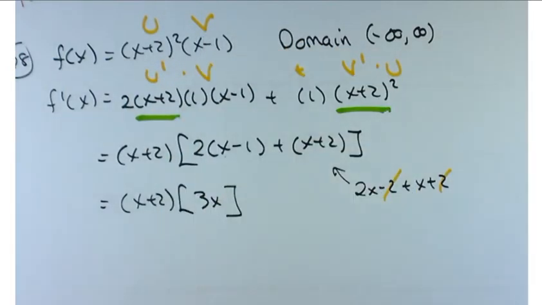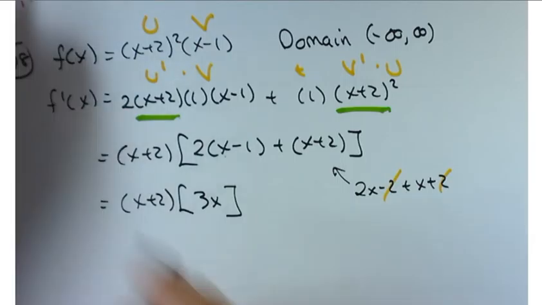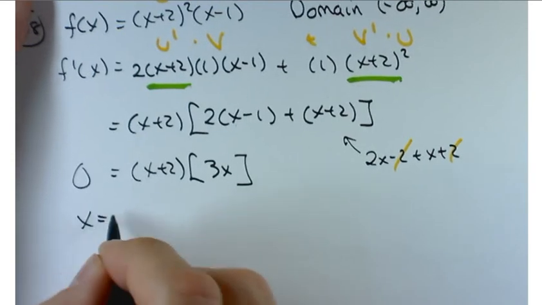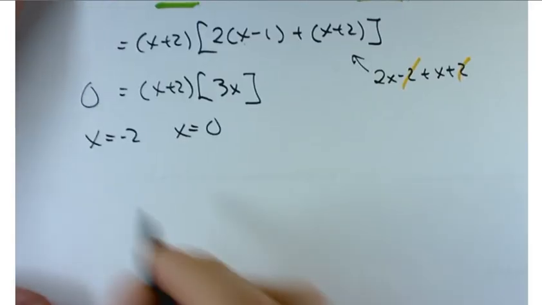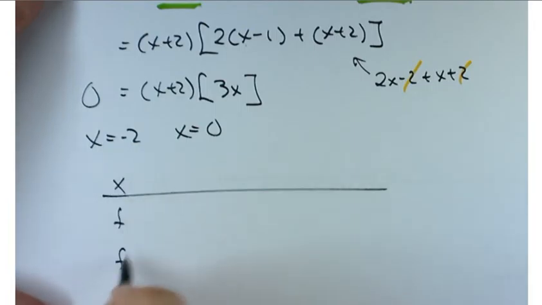Where is this equal to 0? Yeah, x equals negative 2 and 0. So you put those on a number line: x, f, f prime, negative 2 and 0. And I'm just going to kind of rush through here.